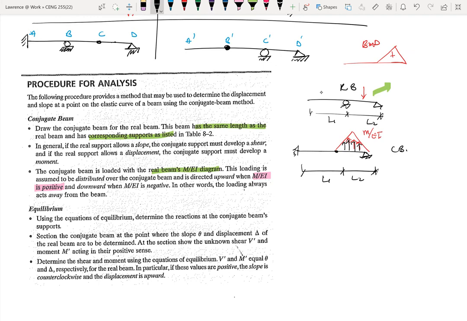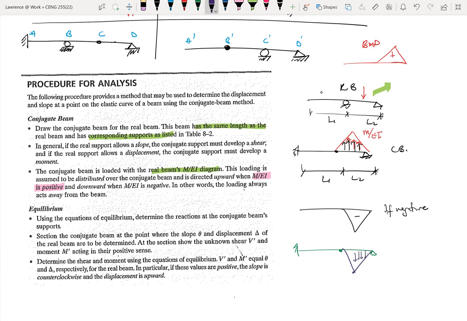If, for example, we had a case whereby our bending moment diagram was negative, then our conjugate beam would have had something like this. So we can actually draw the negative. So this becomes our load on it, and this load moves downwards.